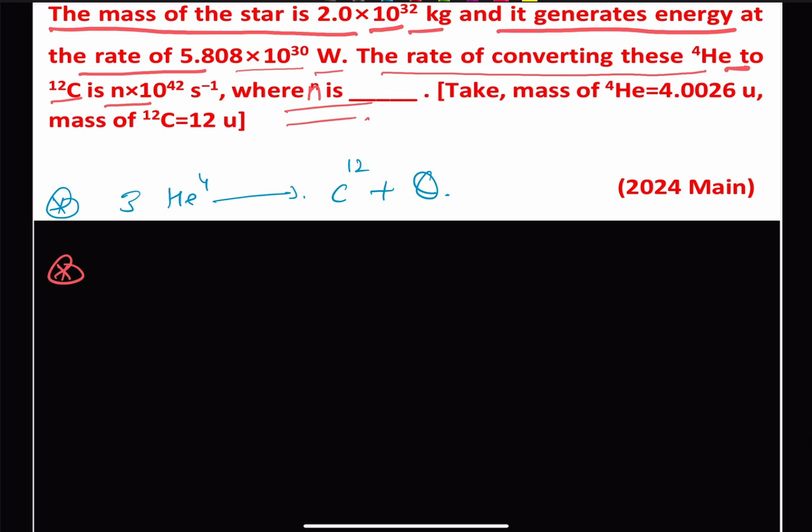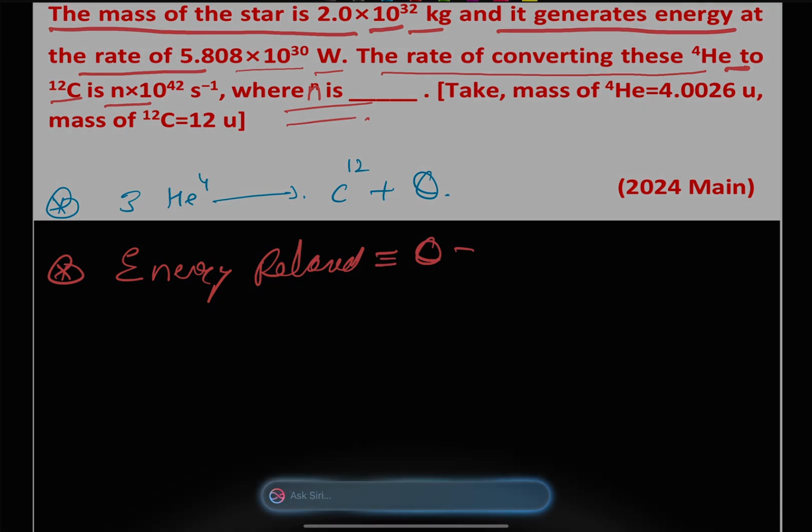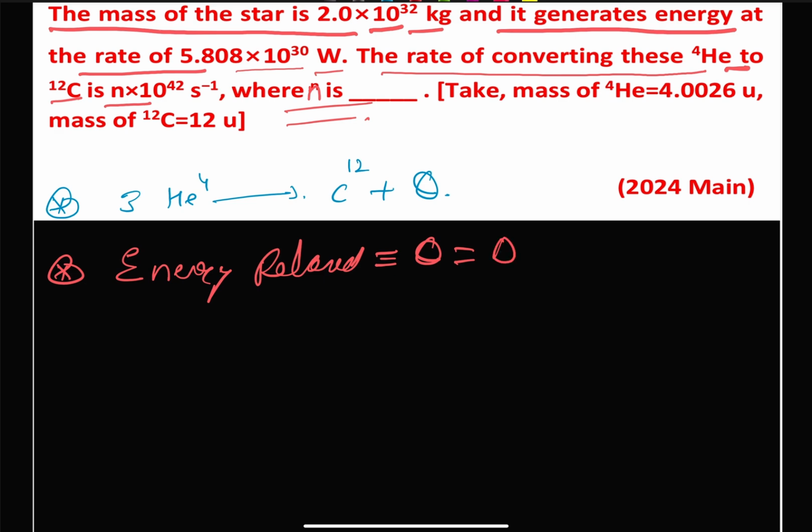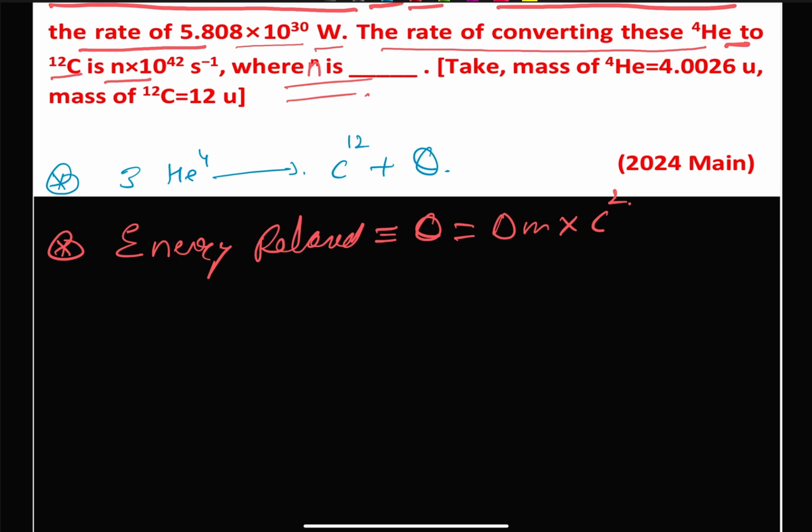So the energy released, that is our Q, is equal to delta M multiplied by c squared, and delta M is 3 times helium, that is 3 times 4.0026, minus for carbon it is exactly 12.